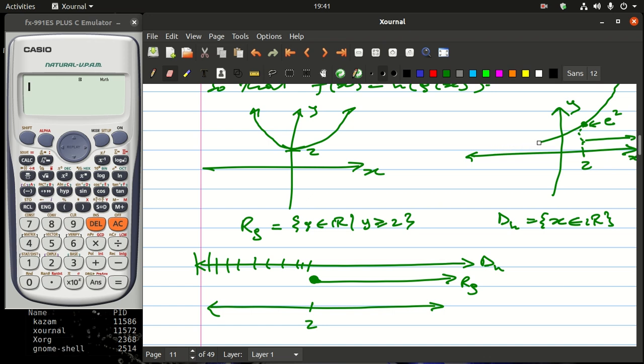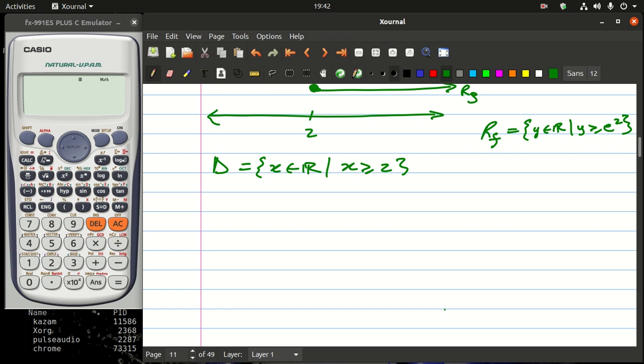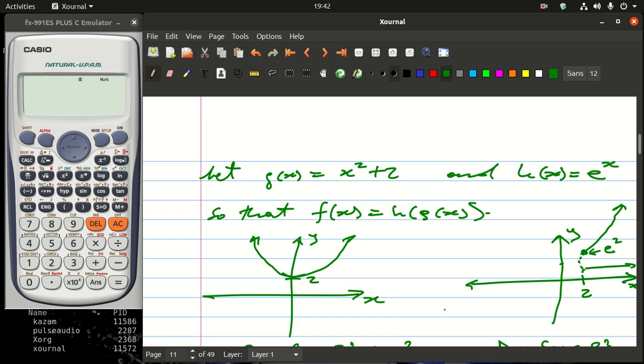So the function that is on that side, we don't care about it. We only care about going that side. So the range of the remaining piece here is supposed to be the range of f, which is y is an element of real numbers such that y is greater than or equal to e to the power 2. So that's how you end up solving these problems, as easy as it is.